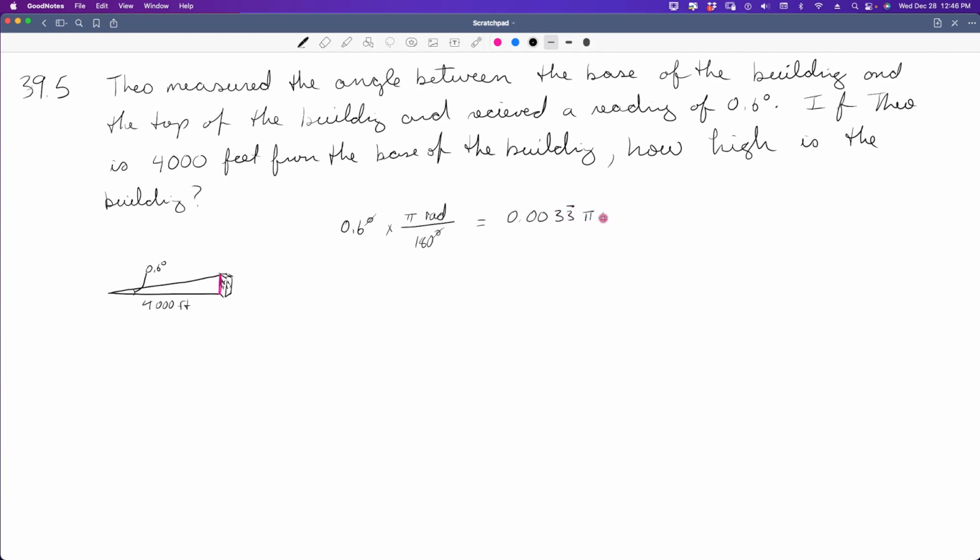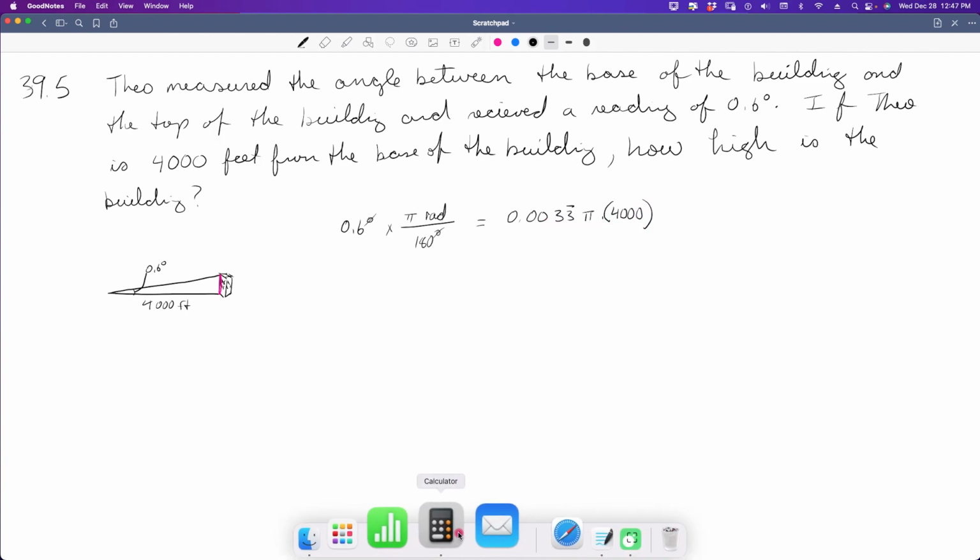pi radians. Okay. The radians we know is going to be the radius of the circle. This is the radius, this is the 4,000 feet. So we can sub in 4,000 for the radians. So we can go ahead and multiply that number by 4,000.